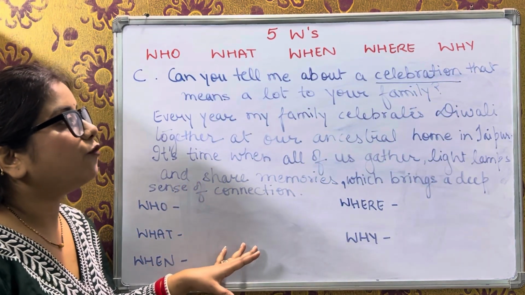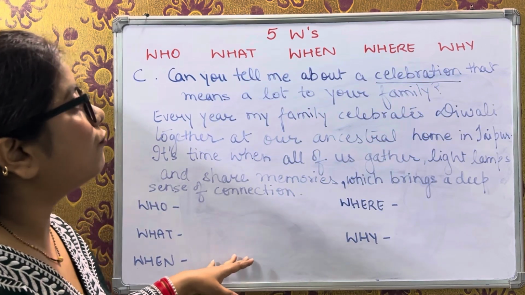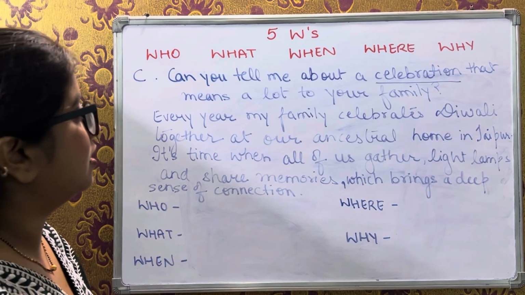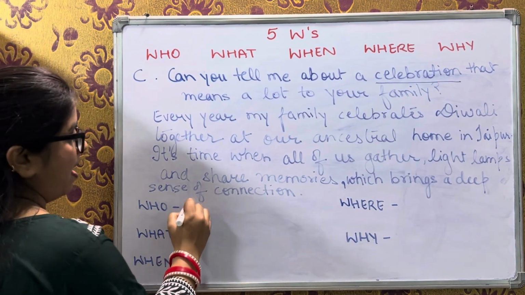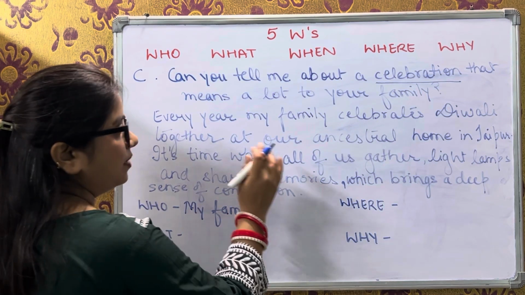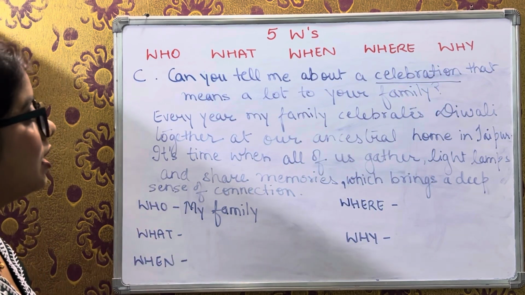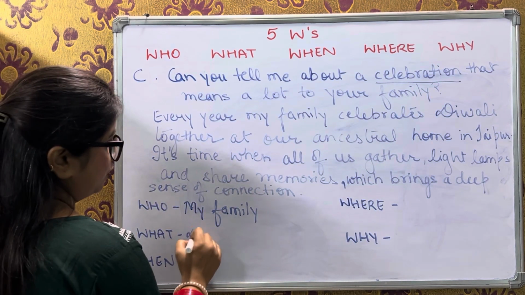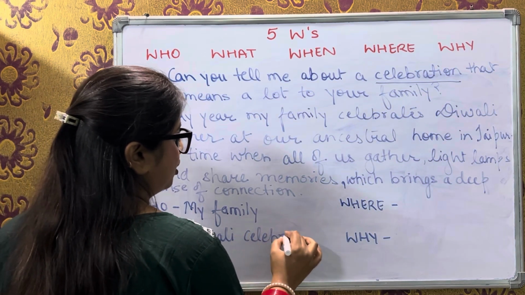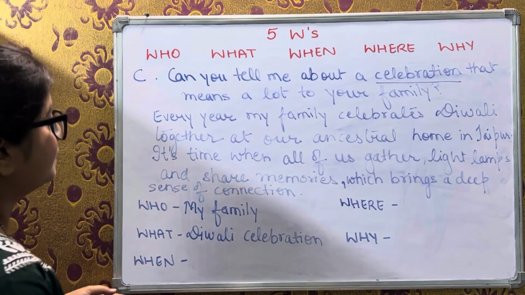Now what we are supposed to do is look for the answers of those 5 W's. What is who here? Who means my family. We are talking about my family in this answer. What is what here? Diwali celebration. When? Every year.